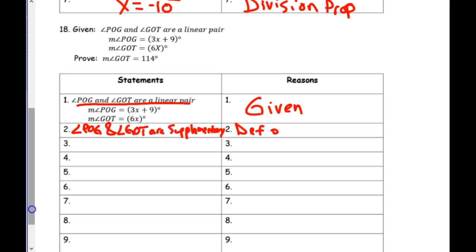Definition of linear pair. If they're supplementary, then the measure of angle POG plus the measure of angle GOT equals 180. That's what supplementary means. So that's the definition of supplementary.